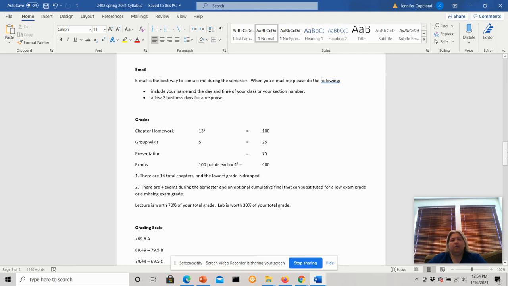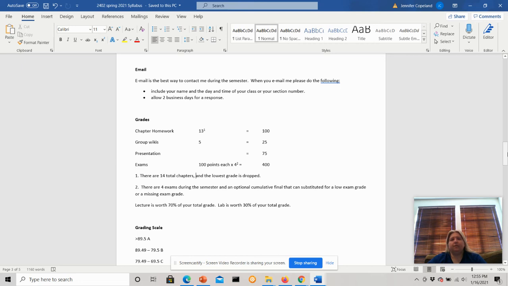I don't know if I said this. If I didn't, I need to say it now. There are 5 exams: 4 normal exams and the final. And I drop the lowest one. The final exam is cumulative in this class, but it is also optional.